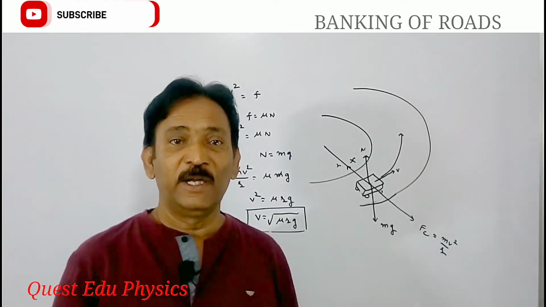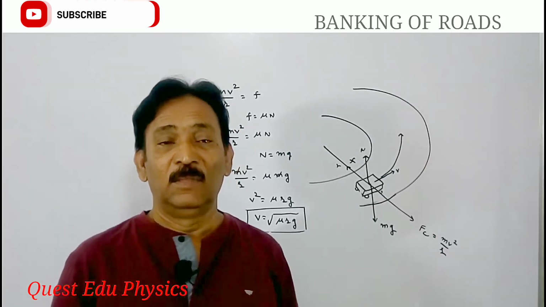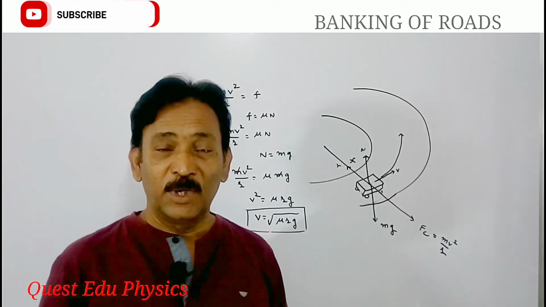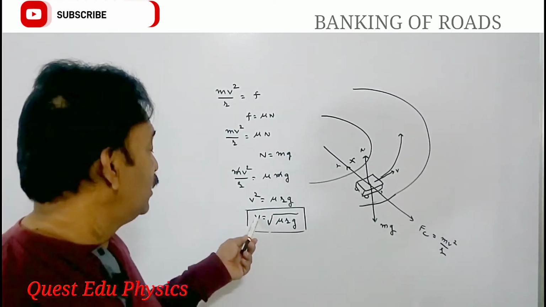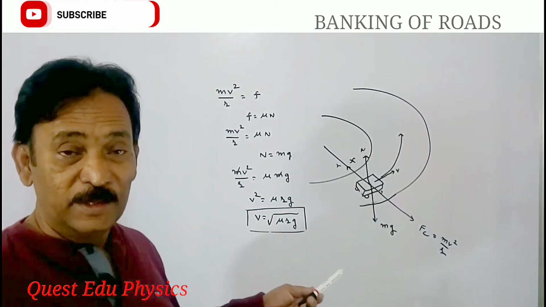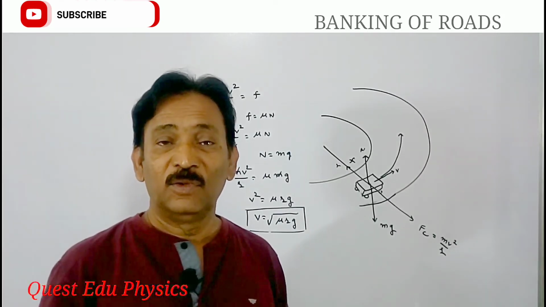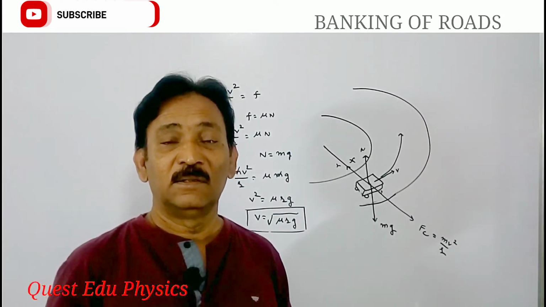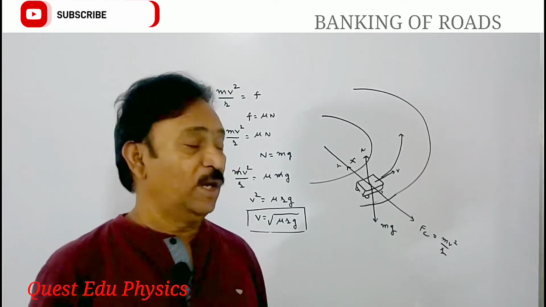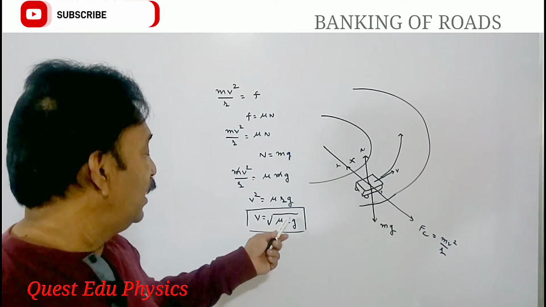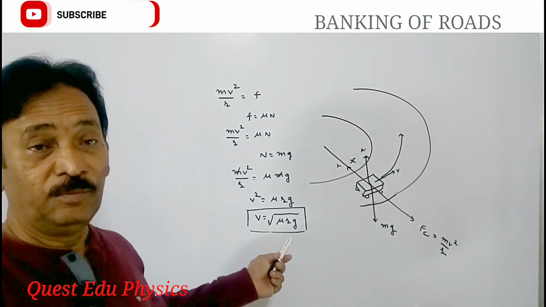When you are negotiating a car on a road which is a curved path, sometimes if you go with a velocity more than this, there is a chance of accident, and fatal accidents happen in that way only. If you know the velocity, then you can estimate the radius of the circular path also.